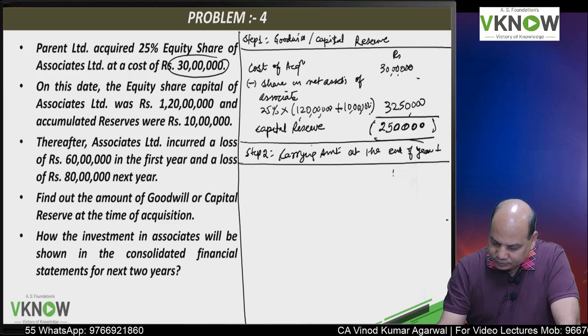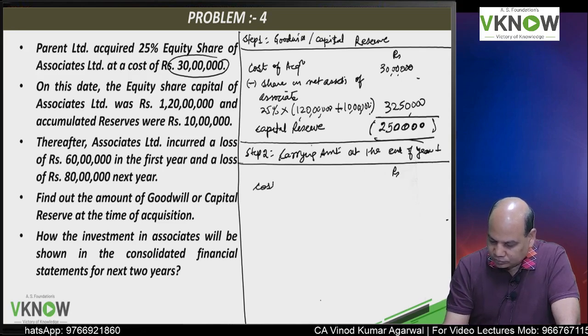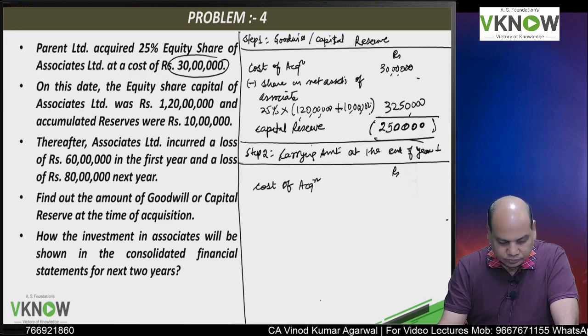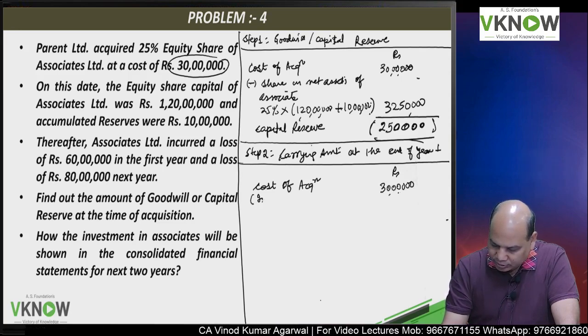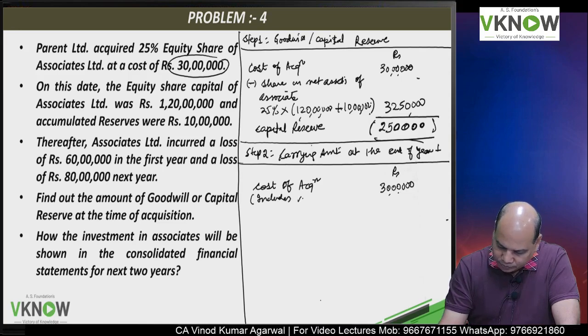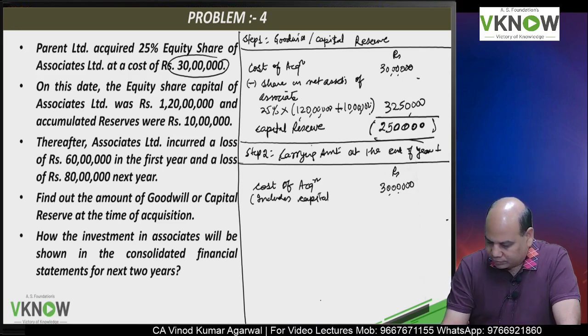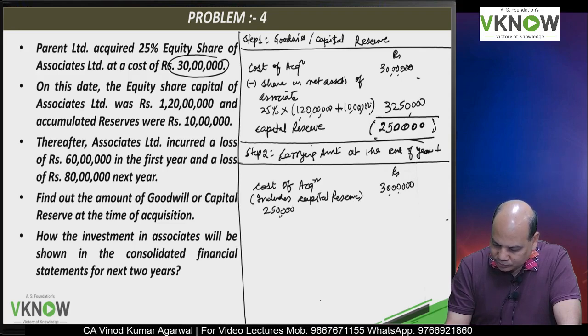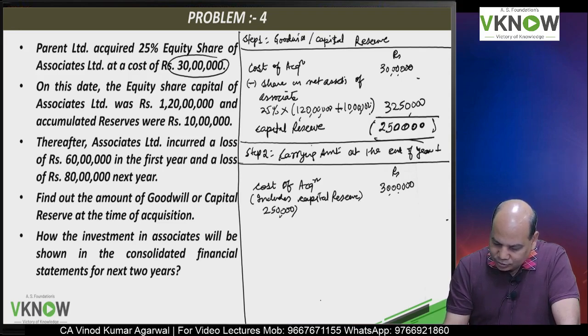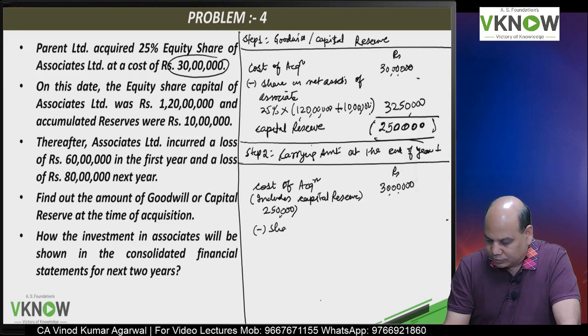So we have cost of acquisition 30 lakh, in bracket includes capital reserve 2,50,000, and then you will write less share in loss.